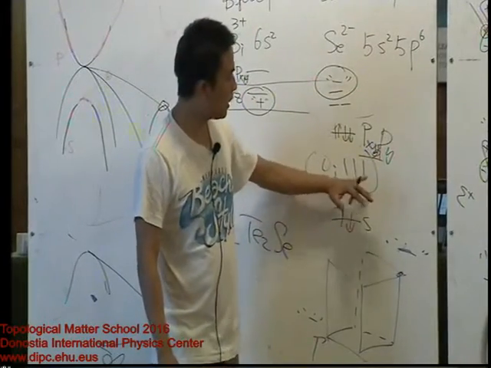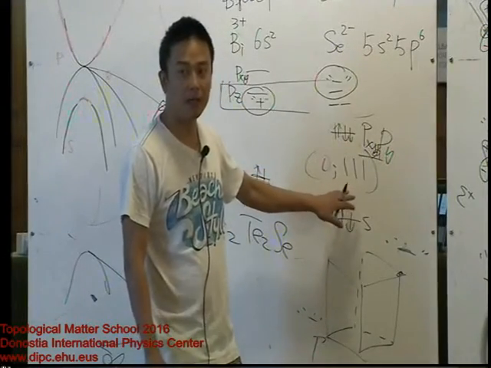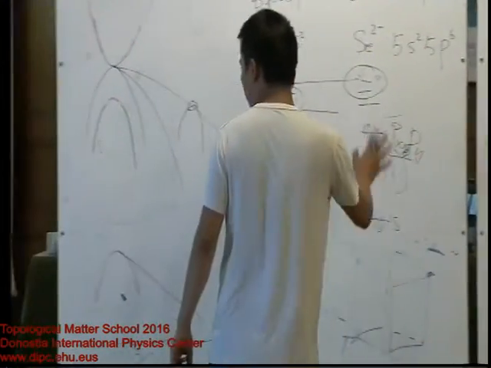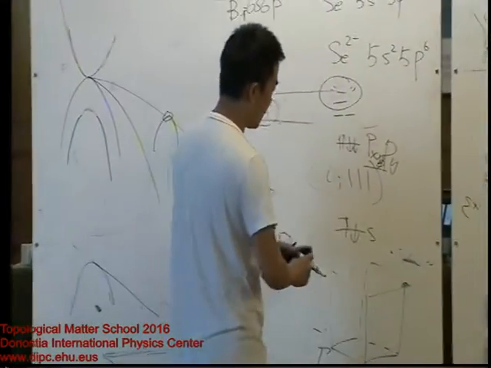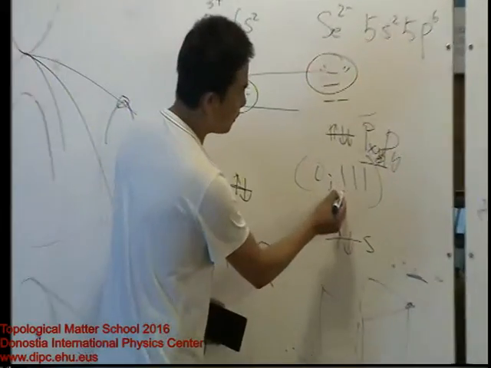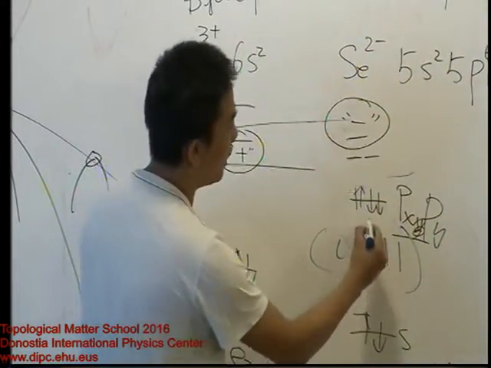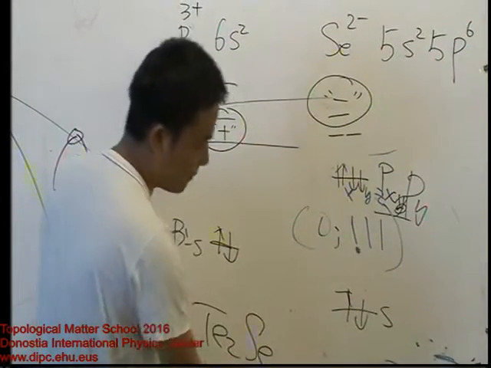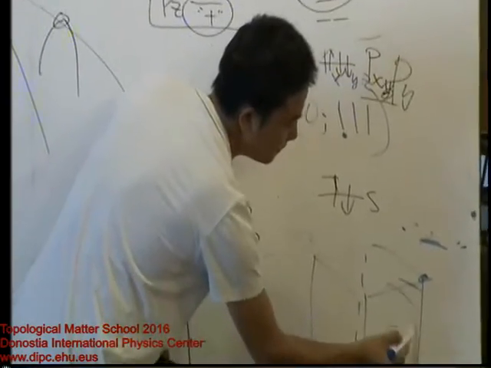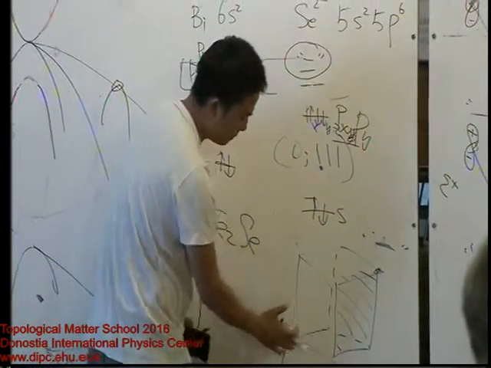Actually, I see a little more of how this one is calculated. In the formula, it looks very complicated, but actually these are very simple. Where is this one from? You just take X, Y, Z. This one is from this plane, this 2D plane, not including the gamma point.